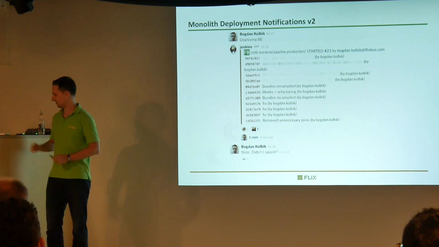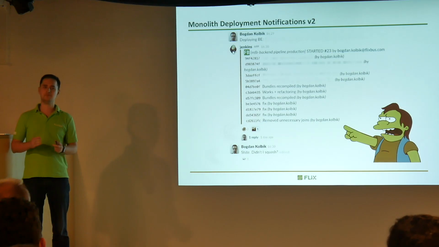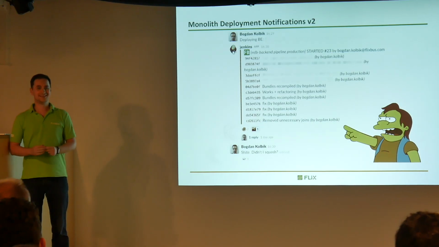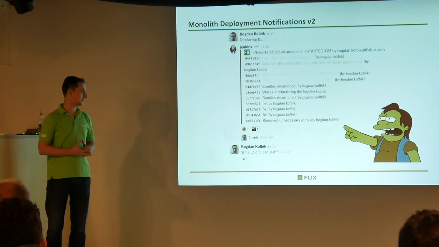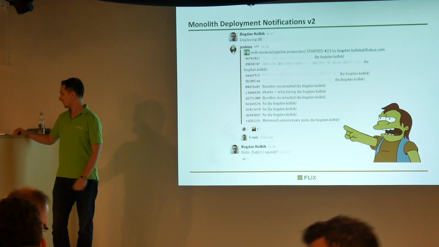And you know they see that. And they react. So when we did this update, quite fast our commit history became much better than it was before. Because now everyone sees that and it matters.